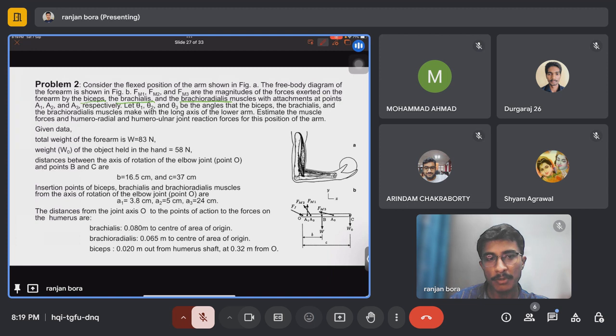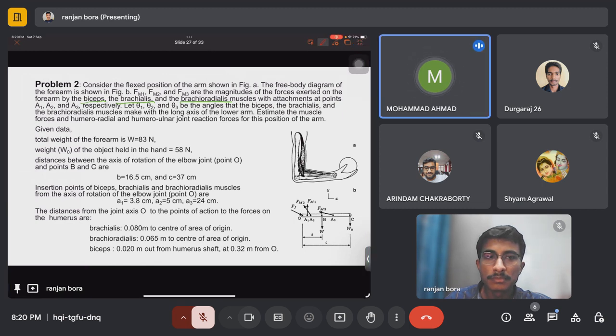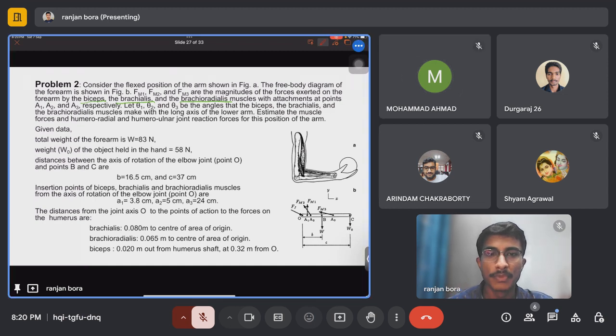Have you gone through that problem and did you solve that problem by yourself? Sir, I have gone through it, but I didn't solve that problem by myself. Hmm. This is the similar problem.